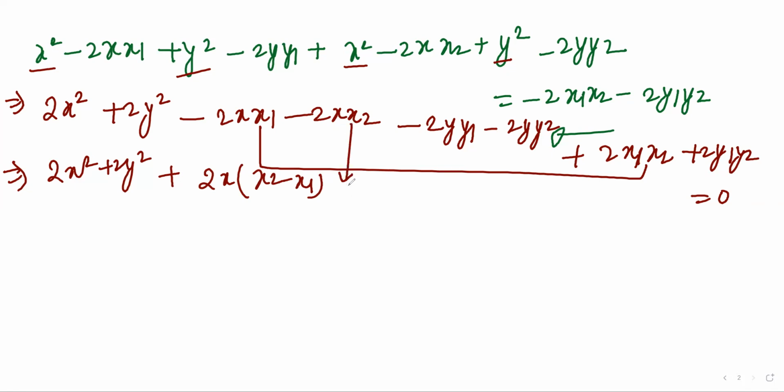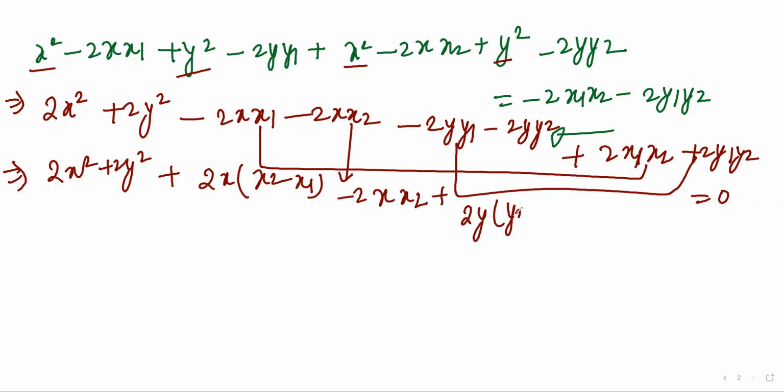So remaining in this quantity, it is minus 2x x2. And now take common from these two. So it will be 2y y2 minus y1 minus 2y2 is equal to 0.